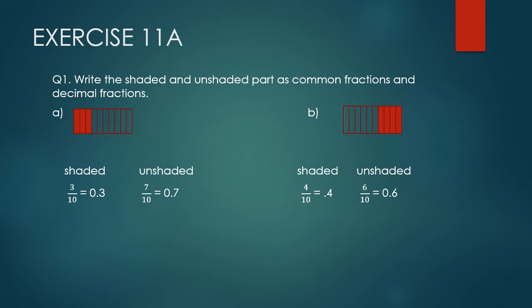That is one and the same thing. And the unshaded part is 6. So in fractional form, we'll write it as 6 upon 10, or in decimal form, we'll write it as 0.6.